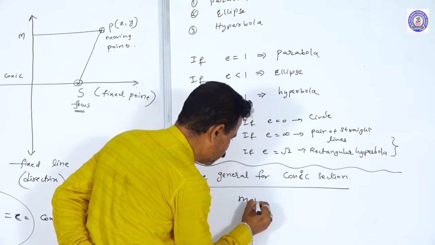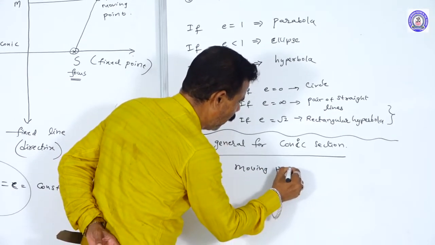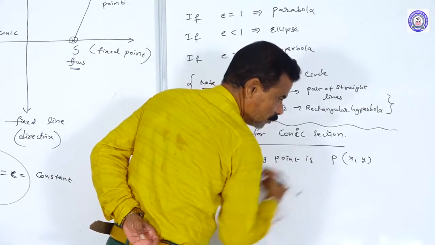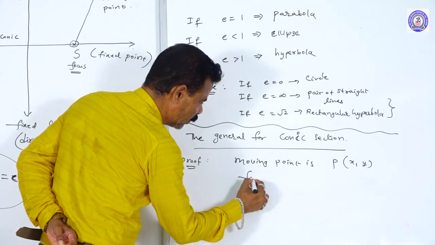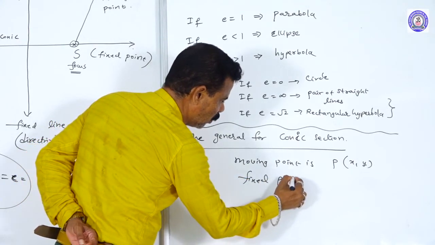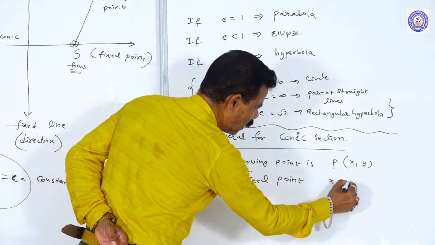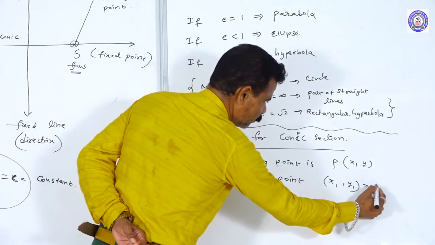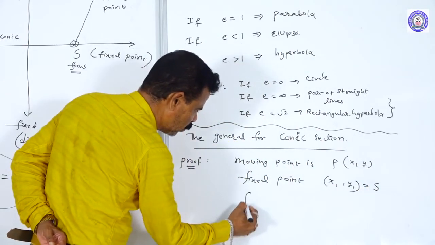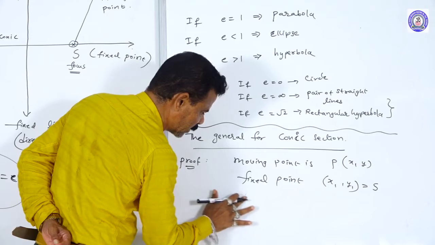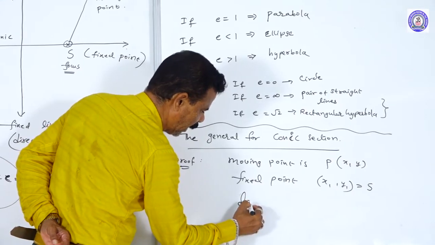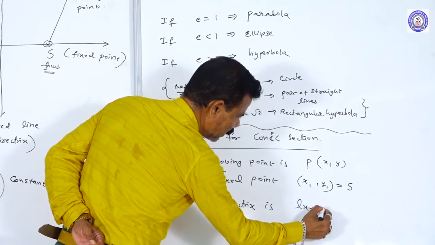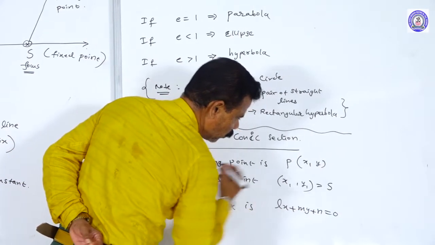Here the moving point is P(x, y), and the fixed point is (x1, y1), that is S, and the fixed line or directrix is Lx + My + N = 0.